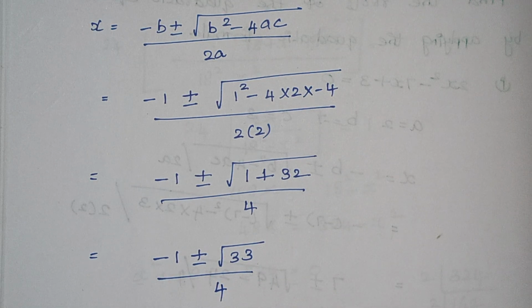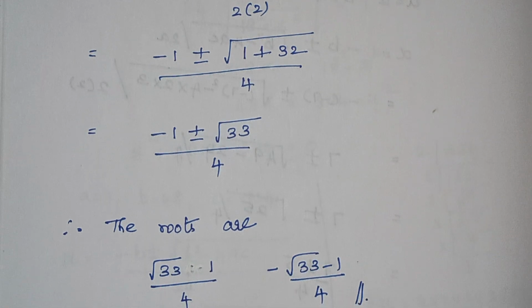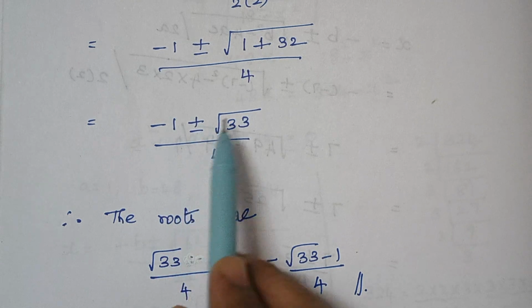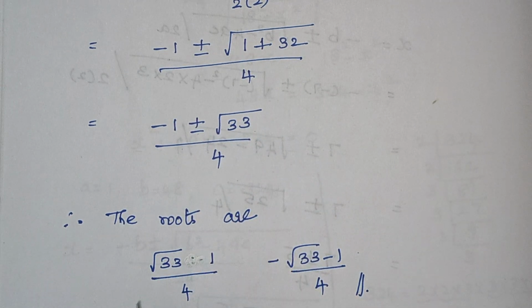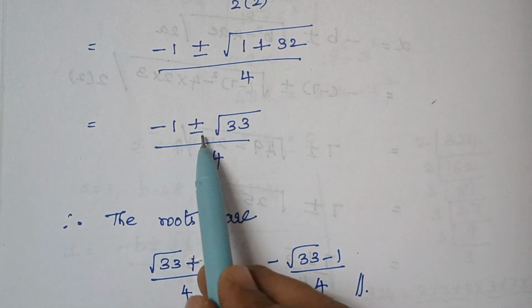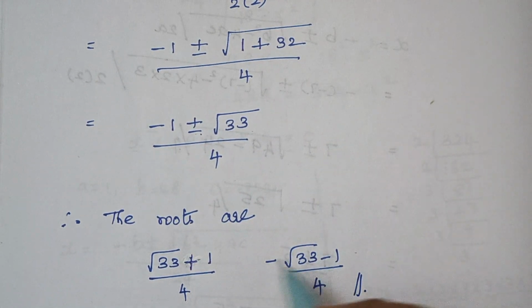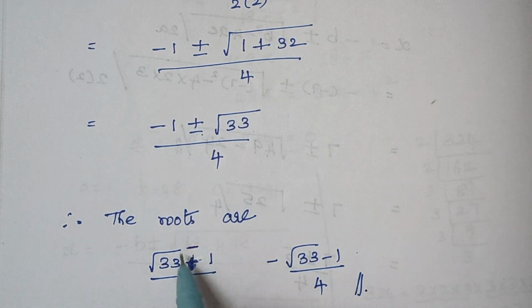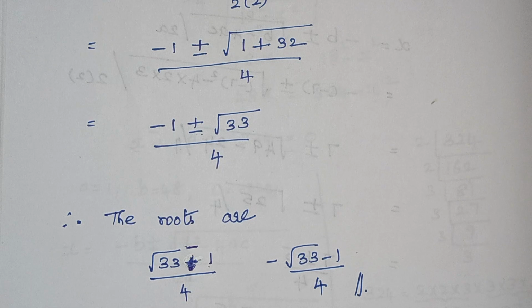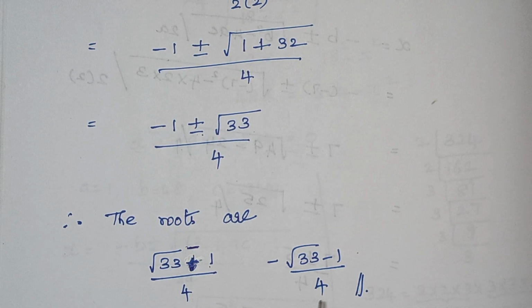So finally the roots here are nothing but minus 1 plus square root of 33 by 4, and here minus 1 minus square root of 33 by 4. So these are all the roots of the given quadratic equation.